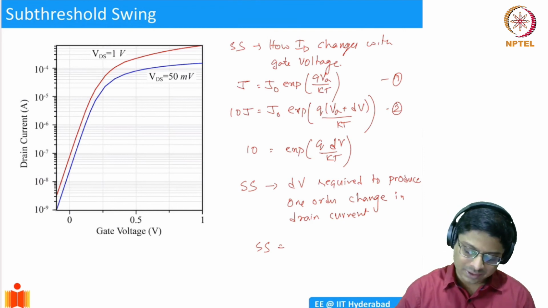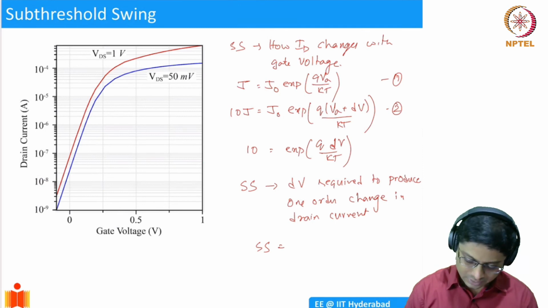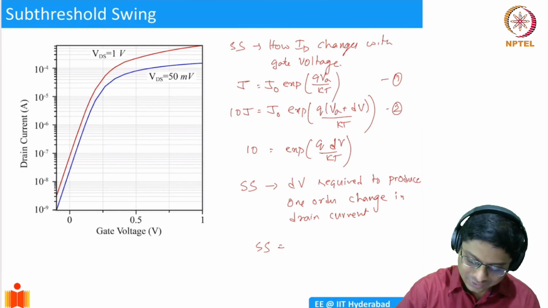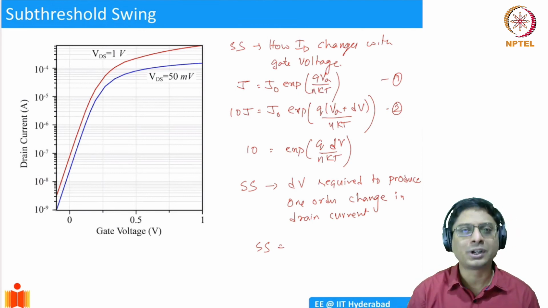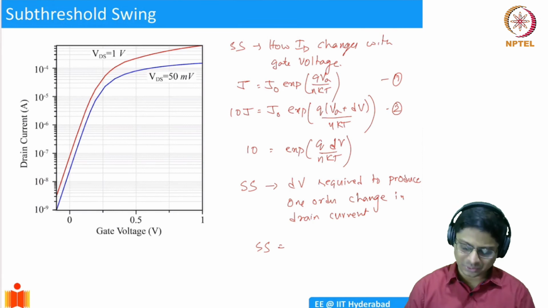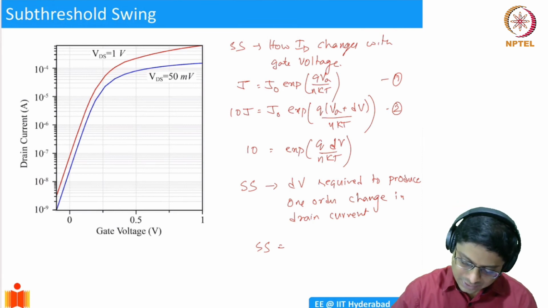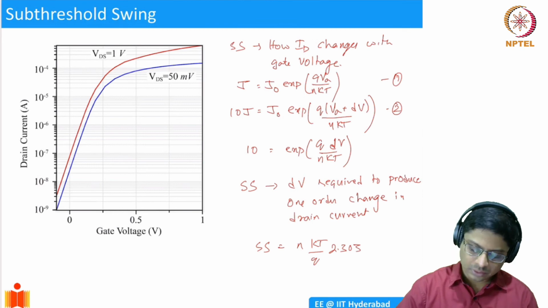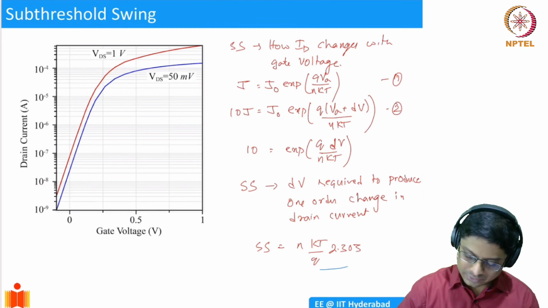So it will be 2.303 into log 10. Log 10 will be 1. Of course, I could also put a non-ideality factor. I'm just going back and adding that. Basically in the diode conduction, there can be some non-ideality factor, which we call n, right? I can introduce that as well. So this will be n kT by q into 2.3. This particular number we have seen many, many times.